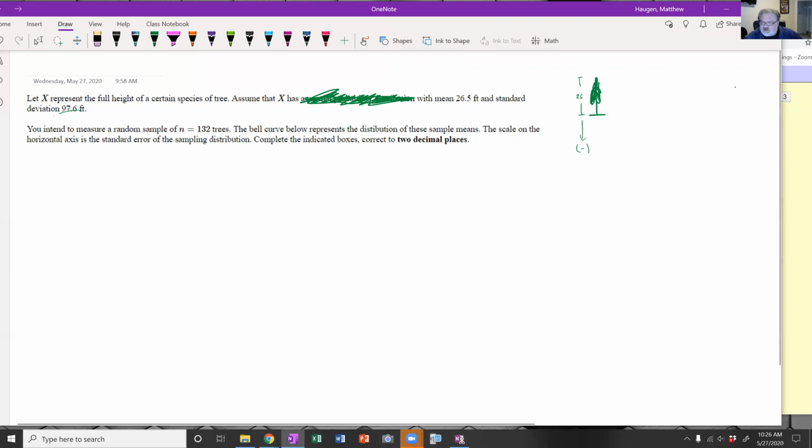If we looked at the distribution of tree height, you would tend to see a lot of trees that are shorter and then small amounts of the super, super tall redwoods and sequoias and stuff.